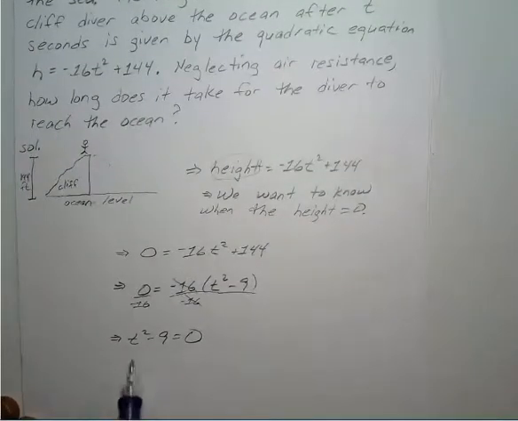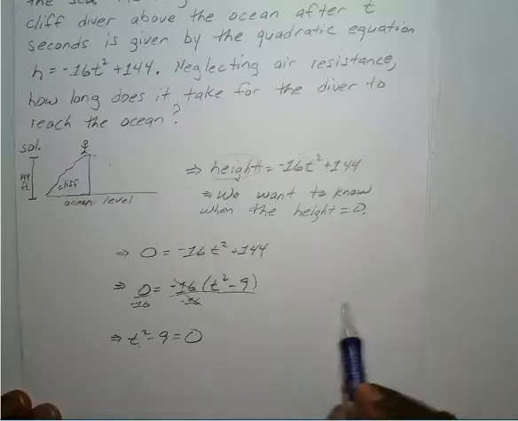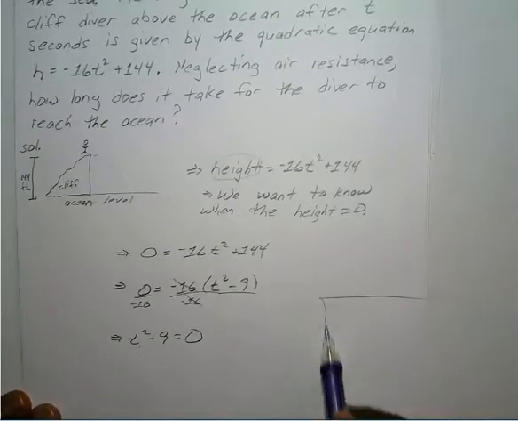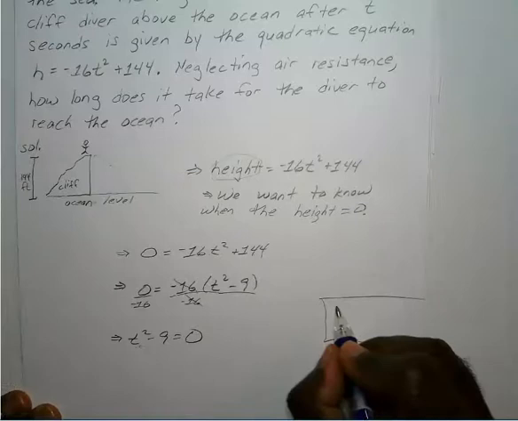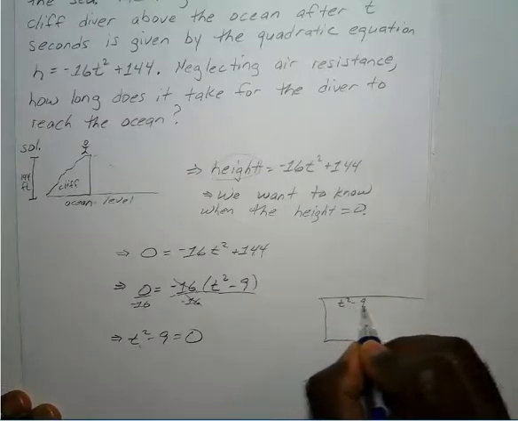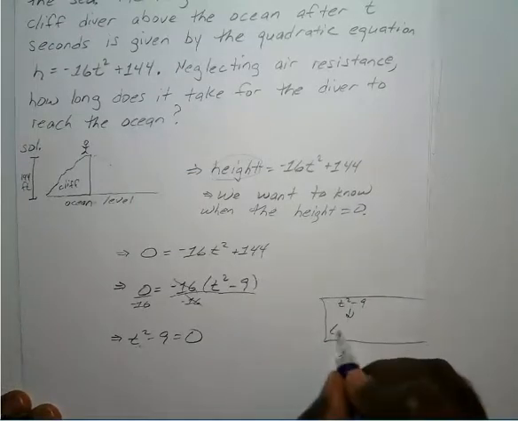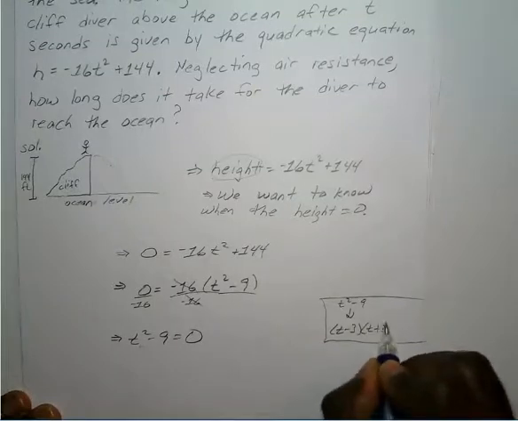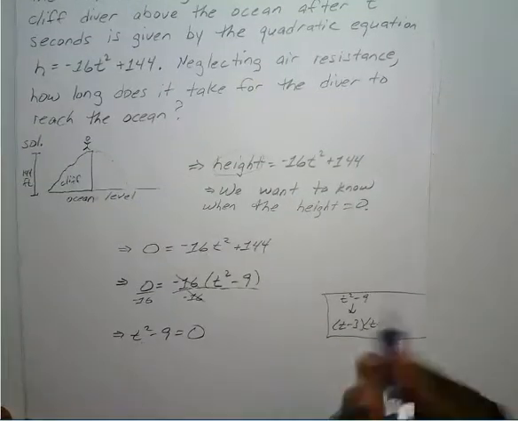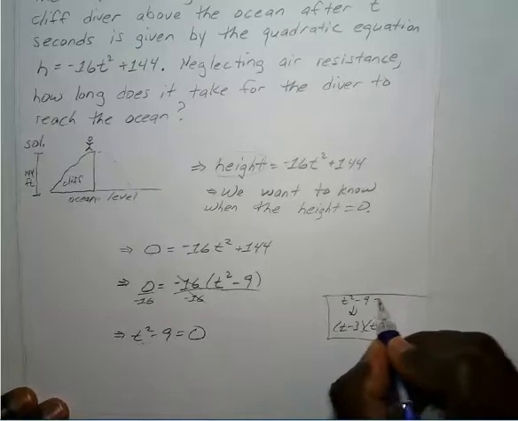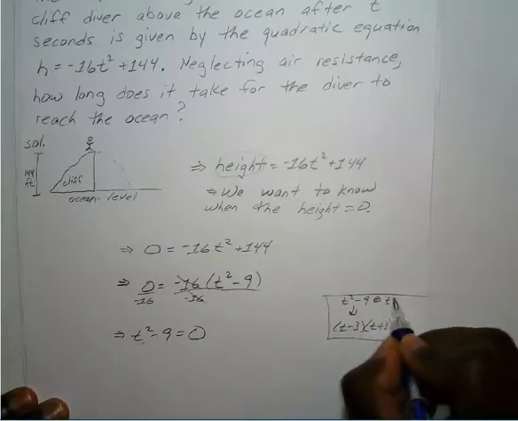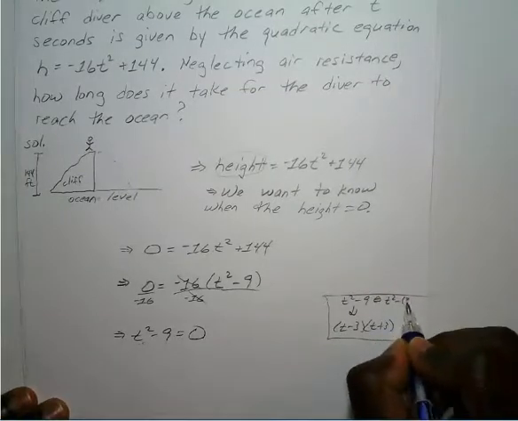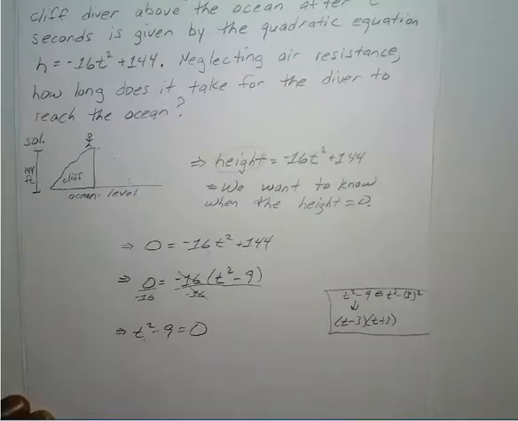Okay, so here we have a difference of squares. So you can see, I'll just put that in a little corner. t squared minus 9 is t minus 3 times t plus 3, since t squared minus 9 is just t squared minus 3 squared.